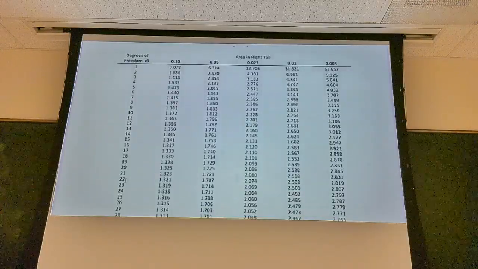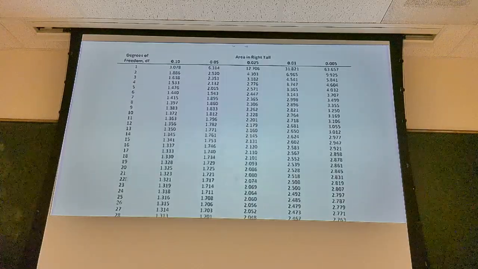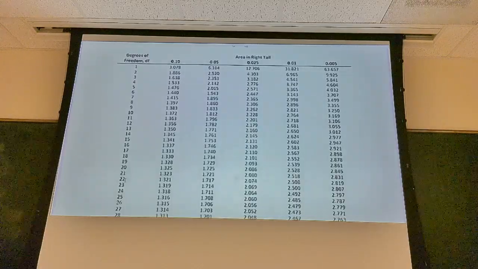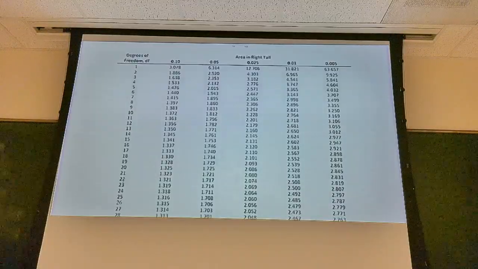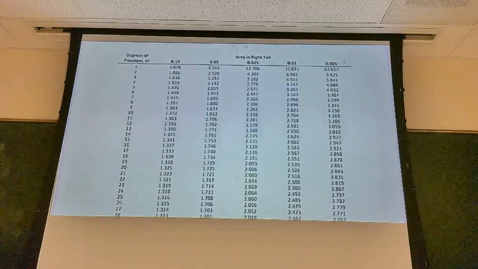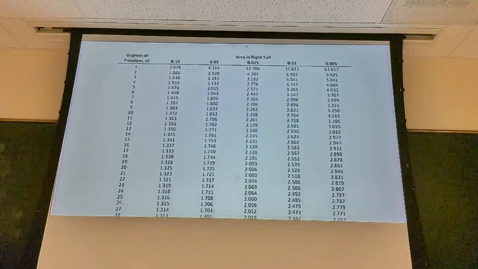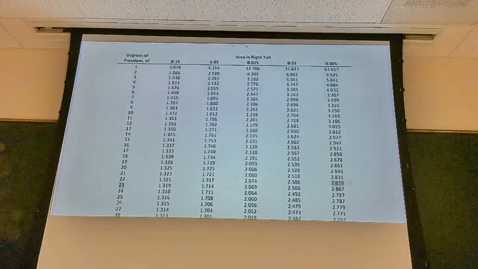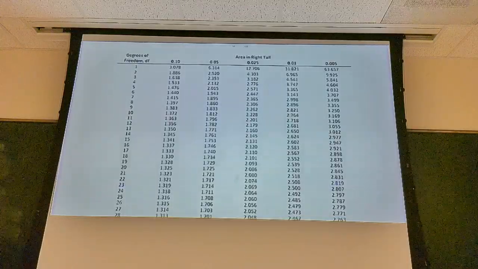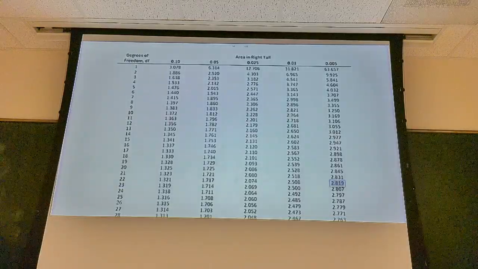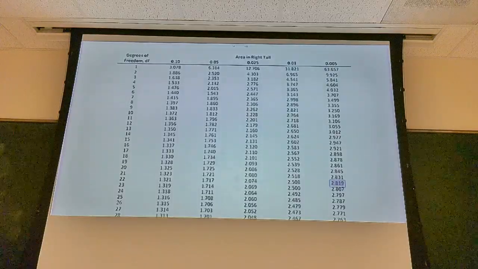We want alpha over 2. What's 0.01 divided by 2? 0.005, right? 2.819 is our t value.